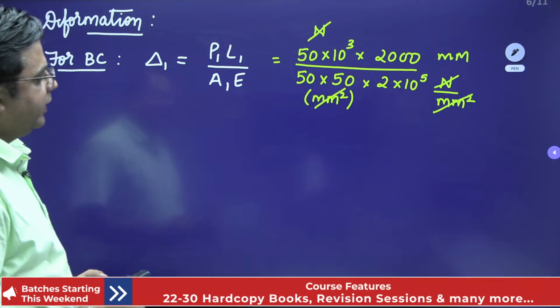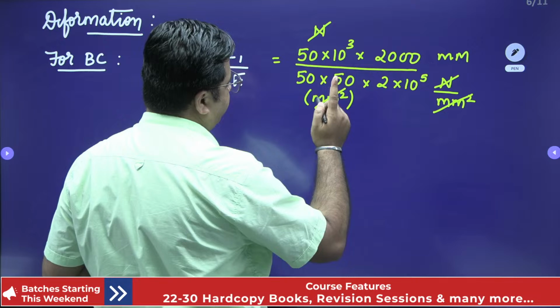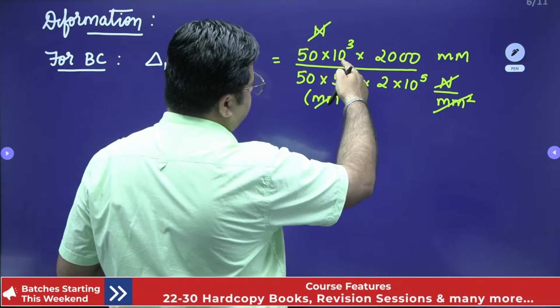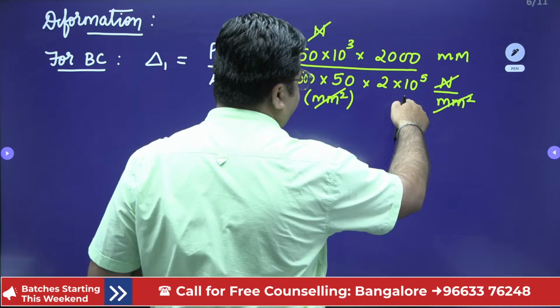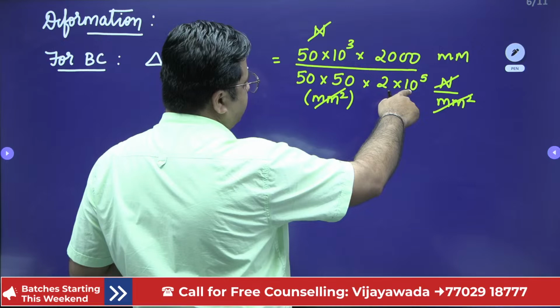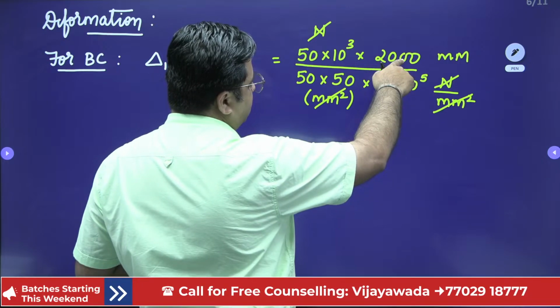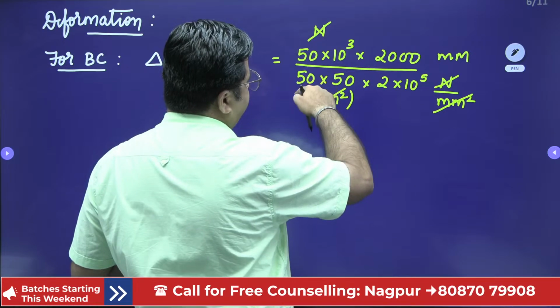So, this is like 10 raised to power 3 and 10 raised to power 5. Here you have 2 zeros. These 2 zeros will be cancelled by these 2 zeros. So, you have 20 into 50. So, 50 and 50 cancel out.